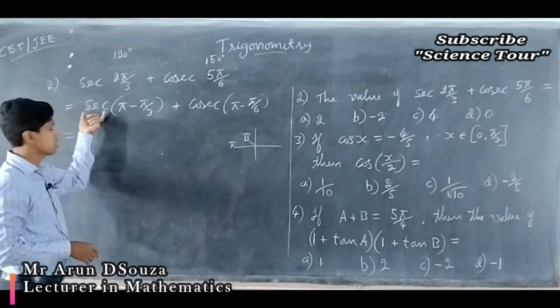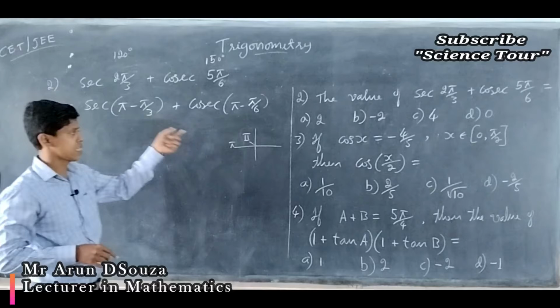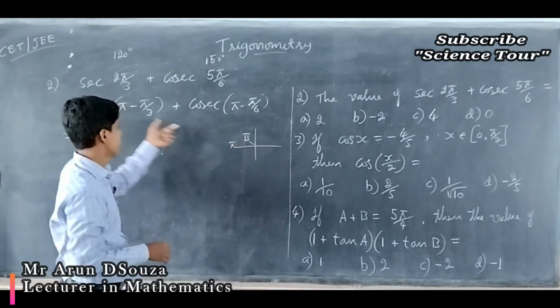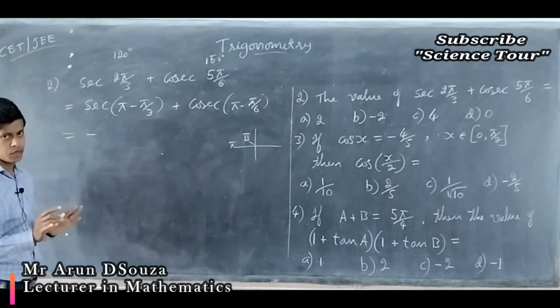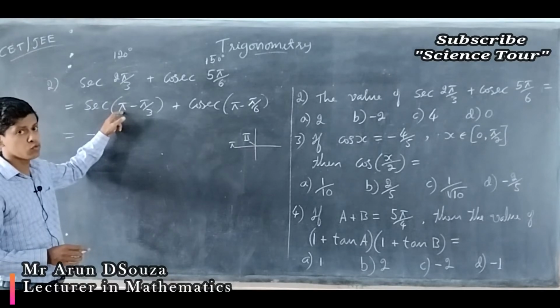In the second quadrant, check whether secant is positive or negative. What is positive in the second quadrant? Sine and cosec, whereas sec is negative, so write minus. Now you have got pi here, you don't have pi by 2.